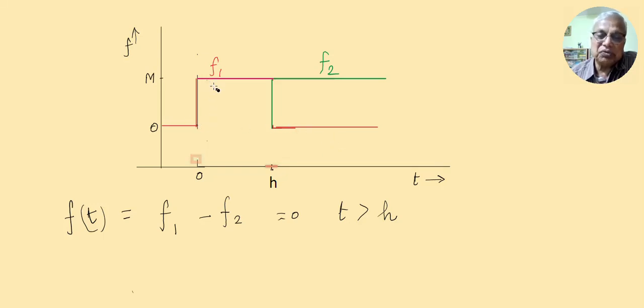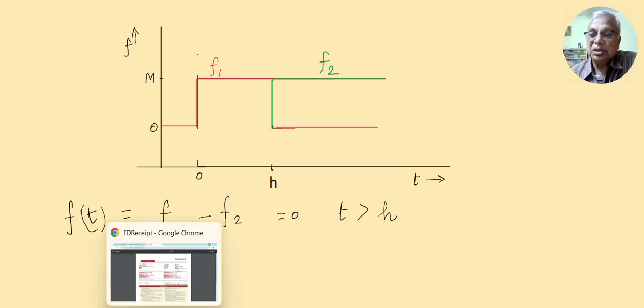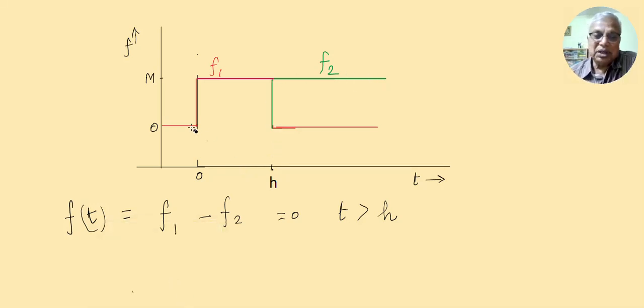So f1 is a step function starting from 0. f2 is also a step function starting from h. Followed? I repeat, f1 is a step function starting from 0, and f2 is a step function starting not from 0 but from h.